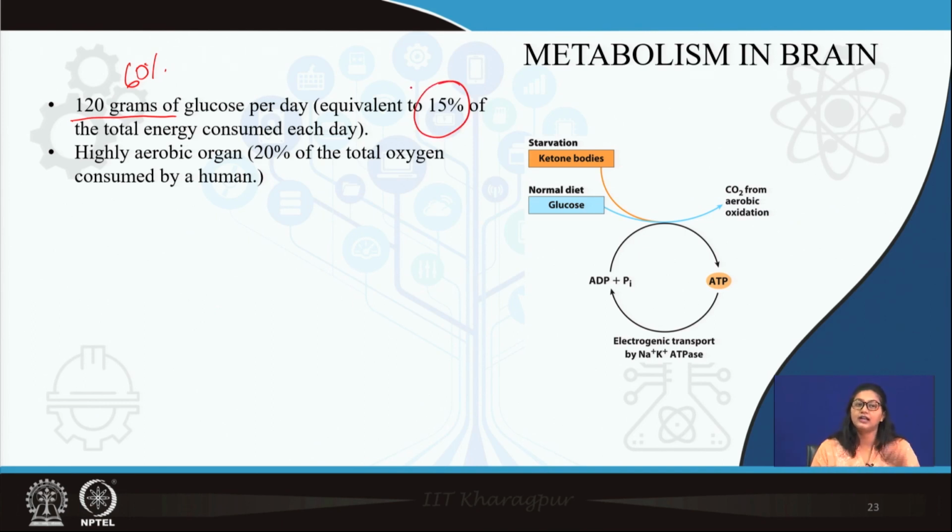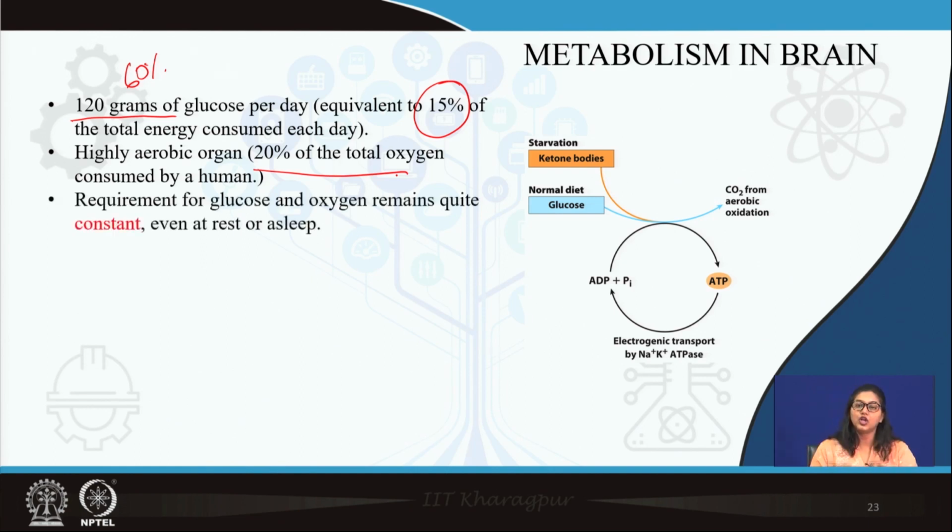Not only that, it acts as a completely aerobic organ, around 20% of the total oxygen consumed in our body is utilized in metabolism in brain. So, it requires continuous, constant and steady supply of its fuel glucose as well as oxygen, both during active phase as well as rest or sleep.